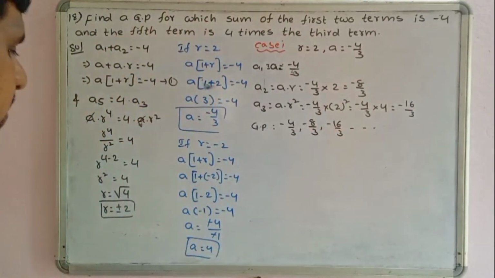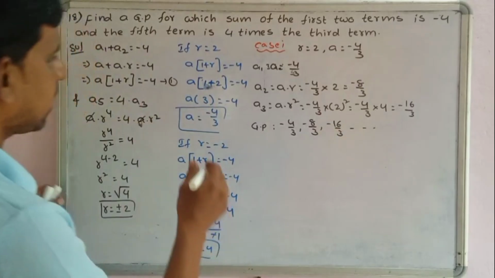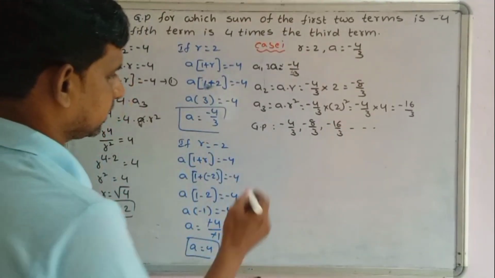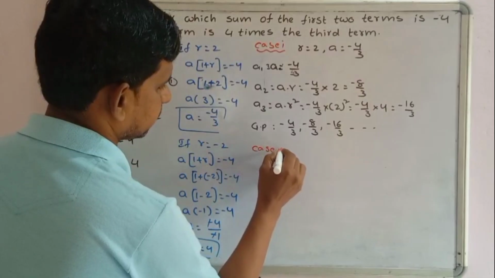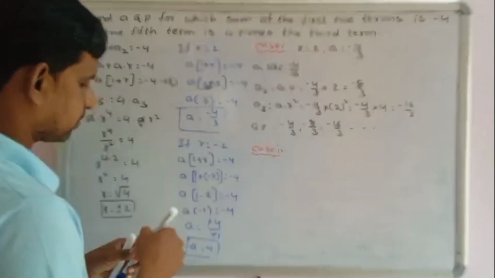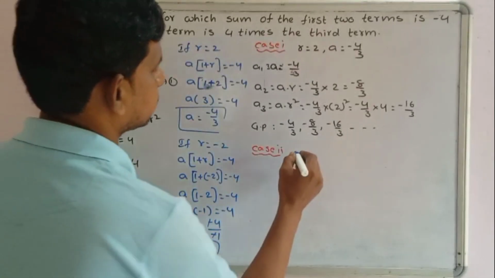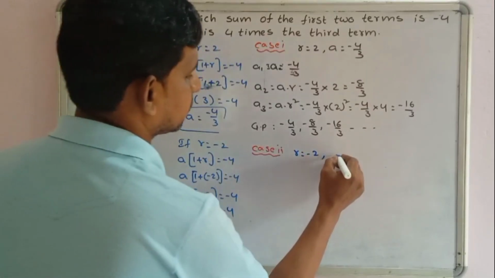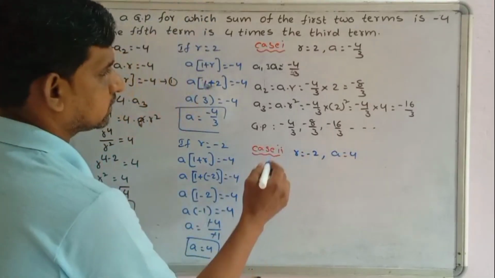In the second case, r equals minus 2 and a value is 4.